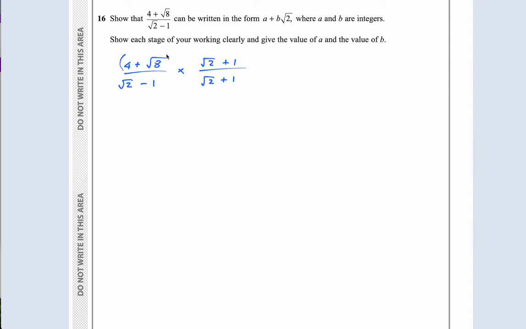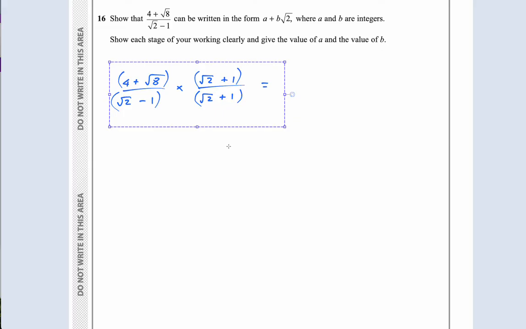Now I'm going to put a bracket here, guys, and a bracket here. Be careful, we're multiplying everything. So I have to do what you may remember as FOIL or whatever you want to call it, but you're going to do the 4 times root 2, 4 times 1, and then root 8 times root 2 and root 8 times 1, and then you have to do the same with the denominator.